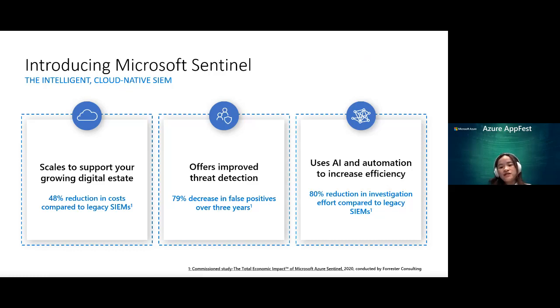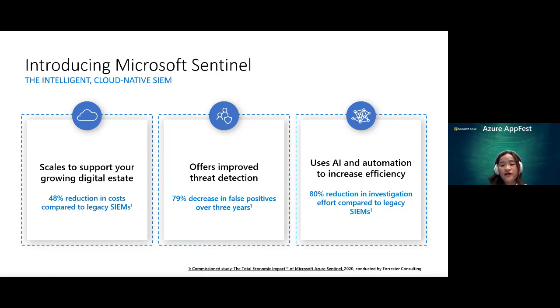Sentinel also leverages AI and automation to deliver value beyond that of a traditional SIEM environment. So what do I mean by this? The AI capabilities allow Sentinel to detect threats that may have otherwise been missed, as well as better qualify all these different events and incidents, such that it significantly reduces the amount of false positives in our environment.